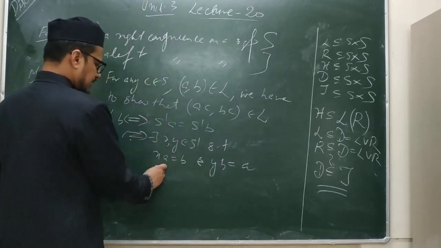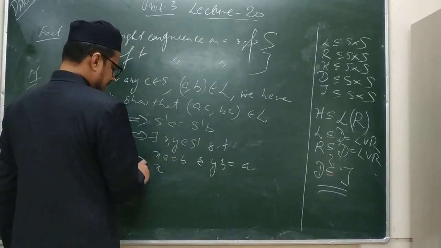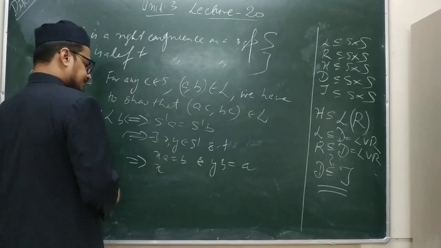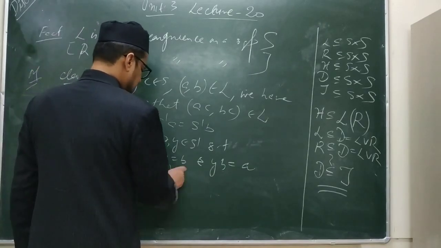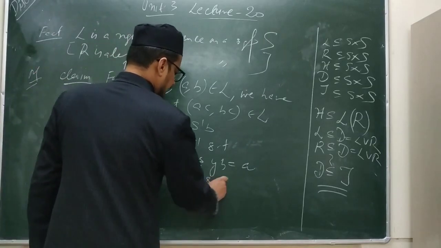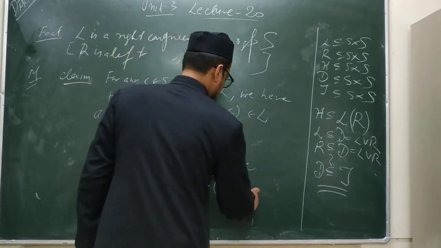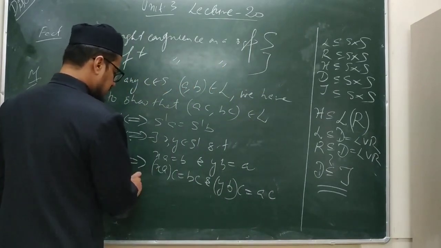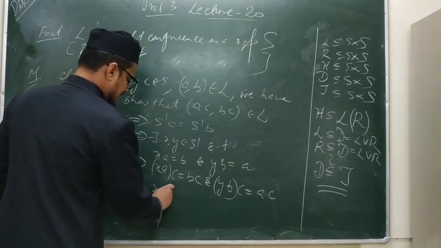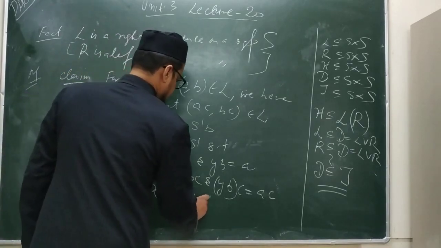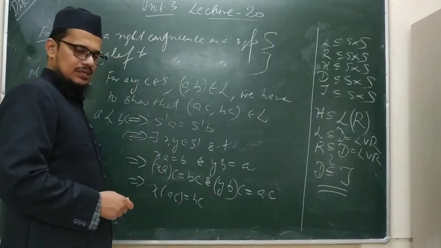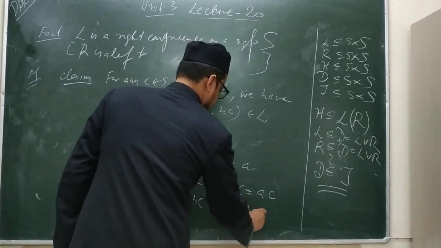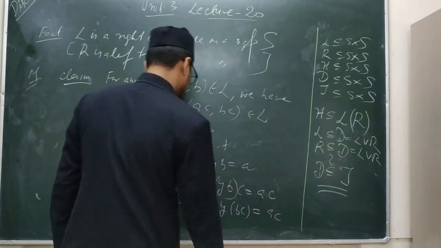Now XA is equal to B, so it implies that XAC is equal to BC and YBC is equal to AC, correct? So we can also write, it implies that XAC is equal to BC. We can apply this associativity, and YBC is equal to AC.